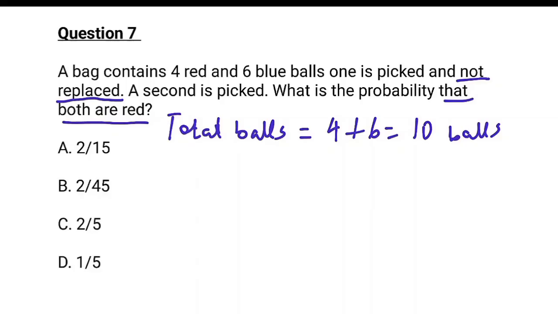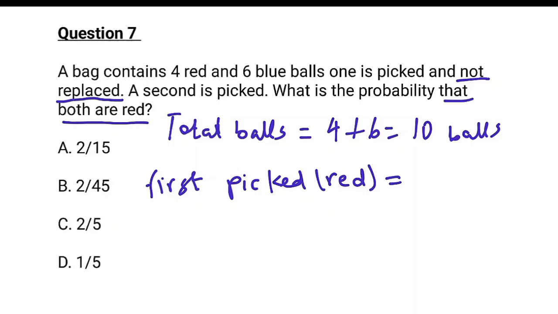Now if you want to know the first pick, the first pick is going to be red.